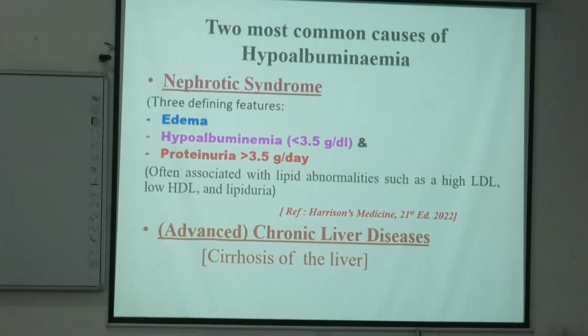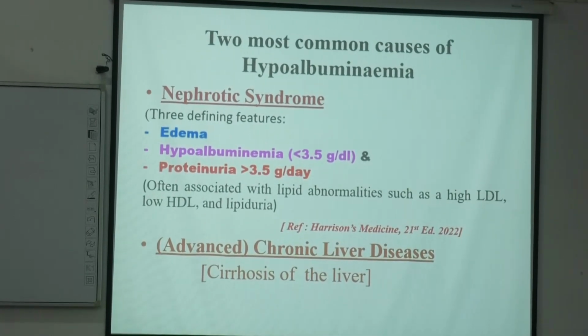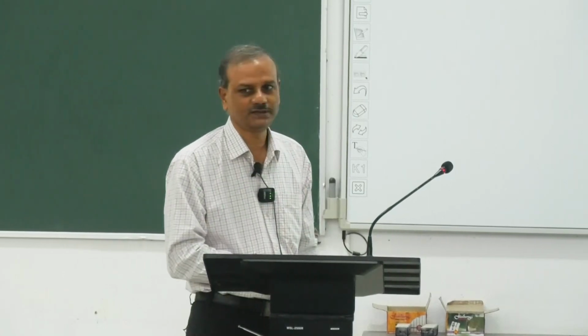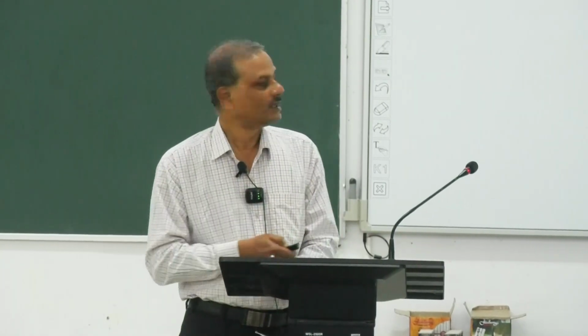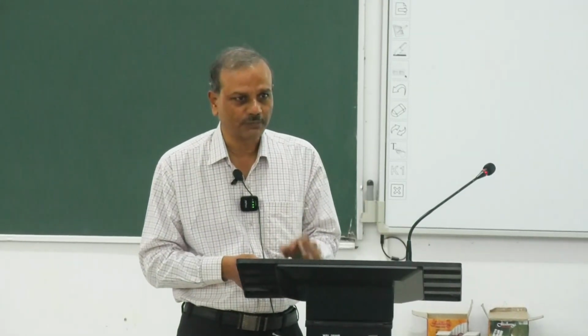In nephrotic syndrome, there is leakage in the urine. So you have to prevent the leak. So the disease which is causing the nephrotic syndrome has to be treated, and usually steroids are used to reduce inflammation. In contrast, if there is a chronic liver disease, that means the liver is unable to produce an adequate amount of albumin because its cells are defective.